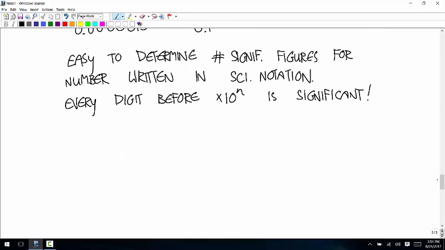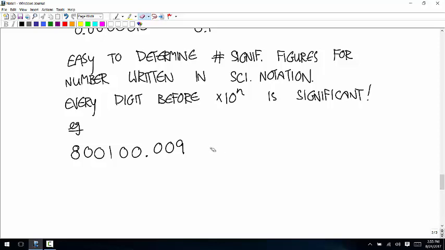Okay, so for example, let's say 800,100.009. How many significant figures does this have? Well, if you're thinking about it in terms of the rules, it's kind of a pain, you know.